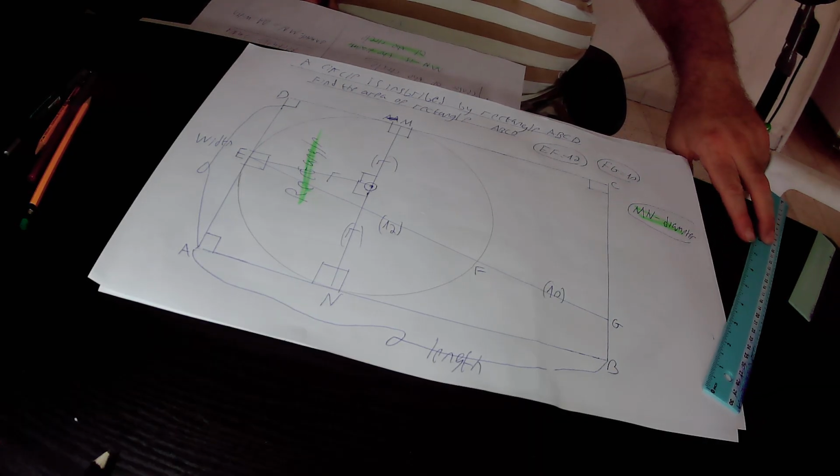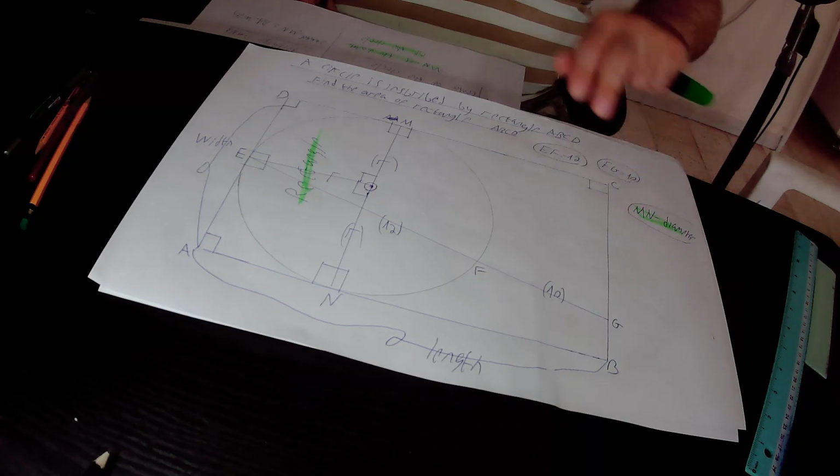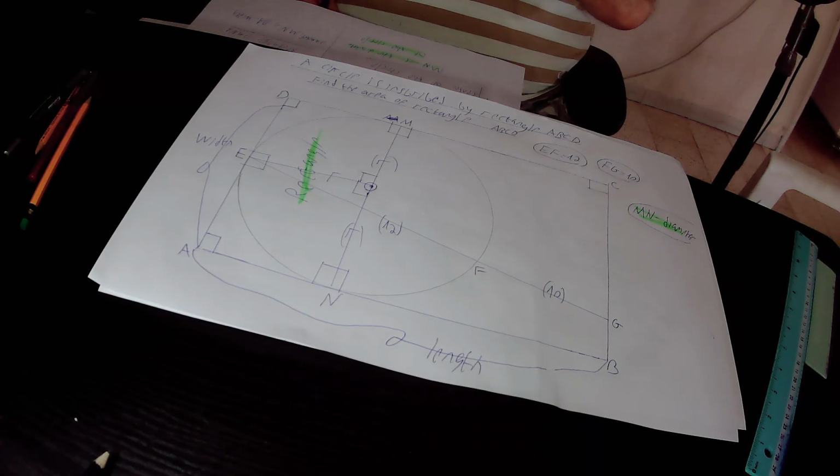In the next step, we will extend the radius EO by a straight line until it touches the circle.